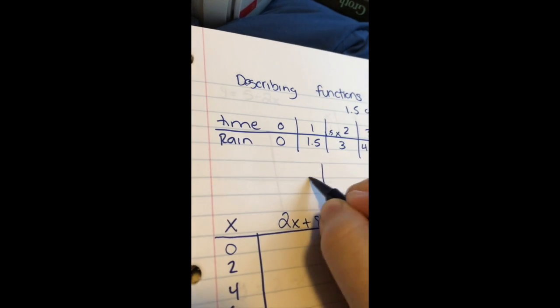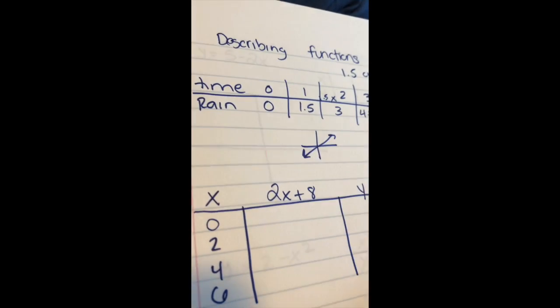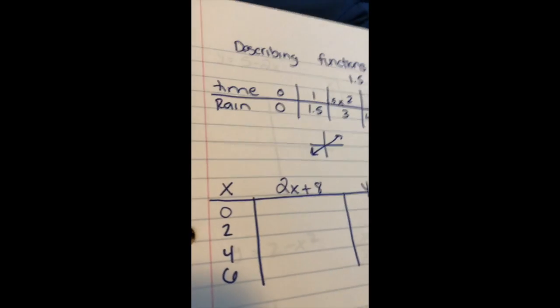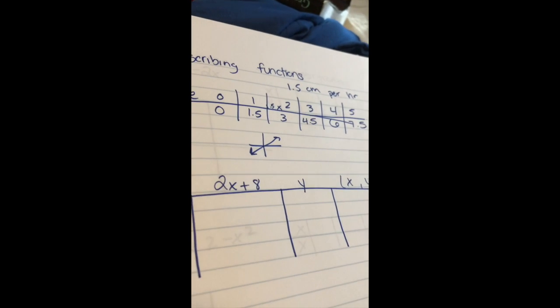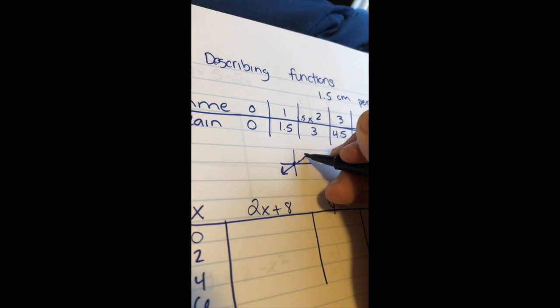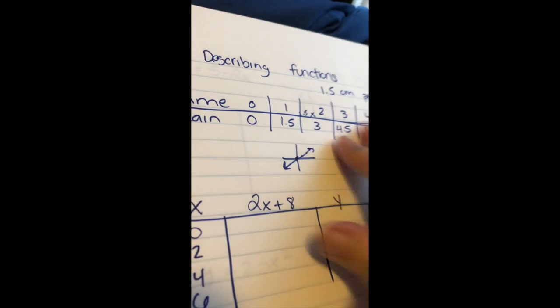Okay, and that is a function, and this is actually going to be a linear function where it is going to give us some straight line. And what we want to notice is that all the points fall on this line. If we had 0, 0, 1, 1.5, 2, 3, 3, 4.5.